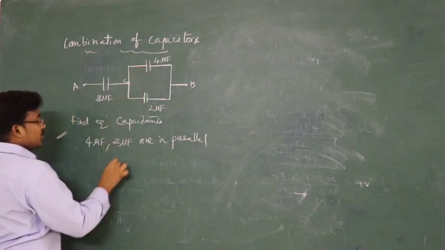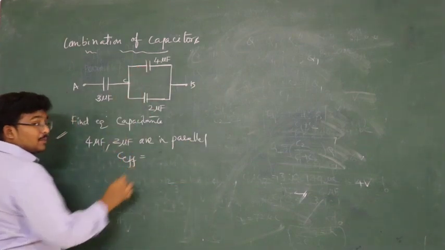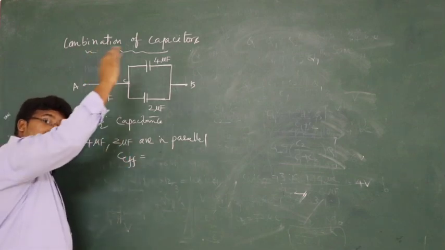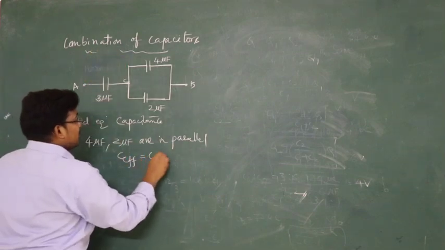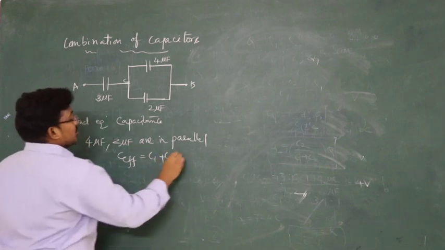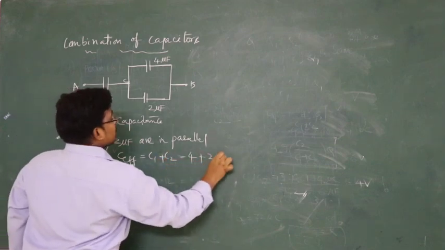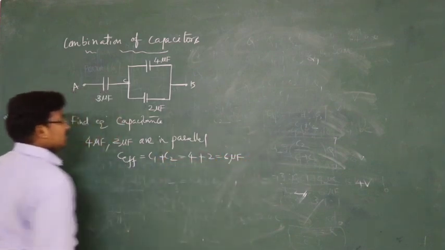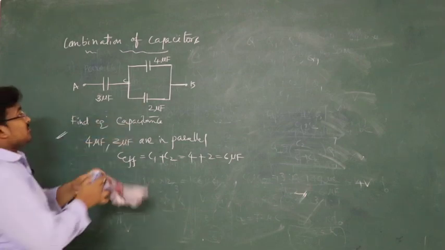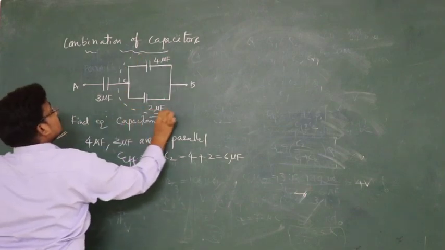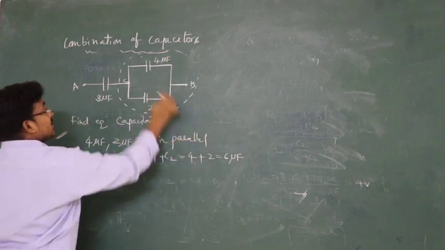In parallel, C effective is C1 plus C2, so 4 plus 2 is 6 microfarad. So instead of these two, I can write 6 there.